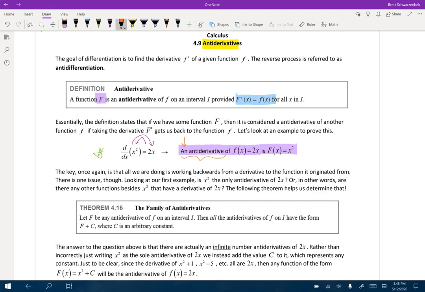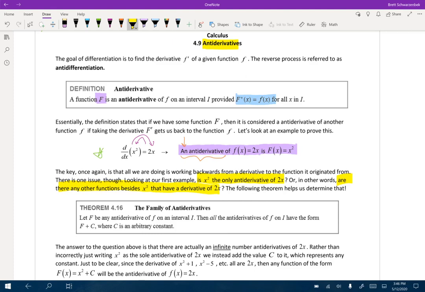So the question is, is x squared the only antiderivative of 2x? If you want to think of it from a derivative point of view, you could say, are there any other functions besides x squared that have a derivative of 2x? These two statements mean exactly the same thing. So think about that for a second.